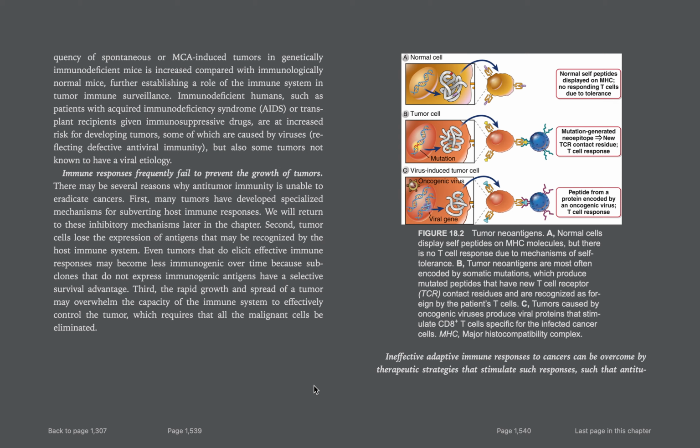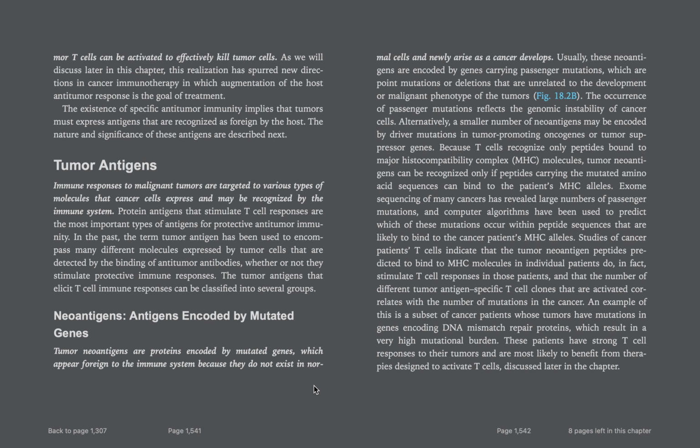Ineffective immune responses to cancer can be overcome by therapeutic strategies that stimulate such responses, such as anti-tumor T cells that can be activated to effectively kill tumor cells. As we'll discuss later in this chapter, this realization has spurred new directions in cancer immunotherapy, in which augmentation of the host anti-tumor response is the goal of treatment.